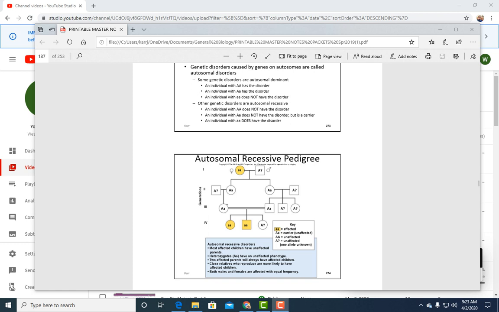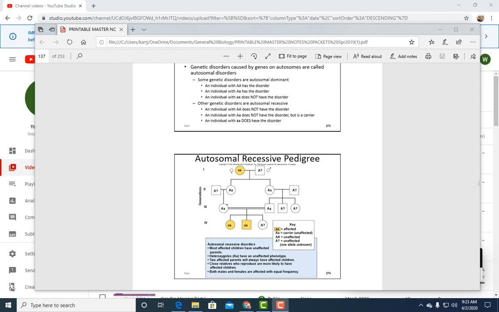So now we can figure out, what do we think this individual is? Well, this individual could either be heterozygous or homozygous dominant, because we don't know which allele this individual inherited. There are a lot of unknowns here because we don't know how things were inherited, but pedigrees give us a clue as to what possible alleles have been inherited.